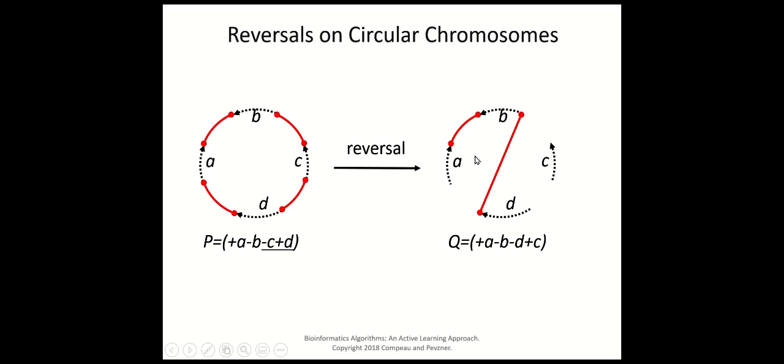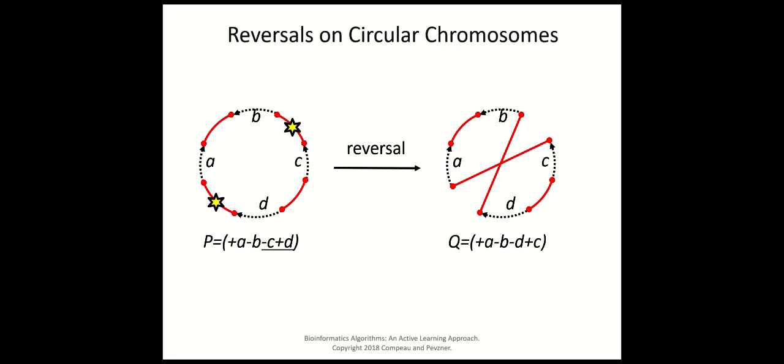B is connected to D, but it is anti-clockwise, so it is minus D. D is connected to C in a clockwise way, and C is connected to A, clockwise to clockwise.